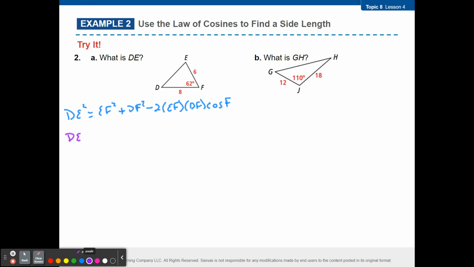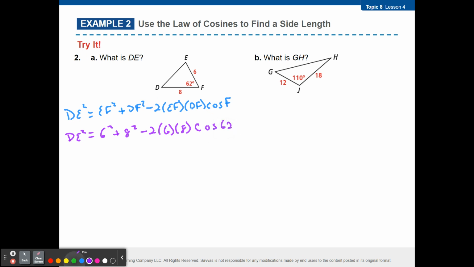DE, we don't have anything, so I'm leaving it like that. EF is 6 squared. DF is 8 squared, minus 2 times 6 times 8 times the cosine of 62 degrees.